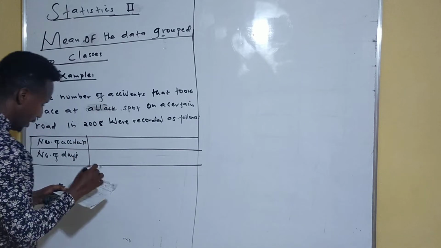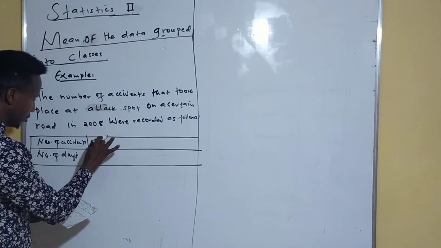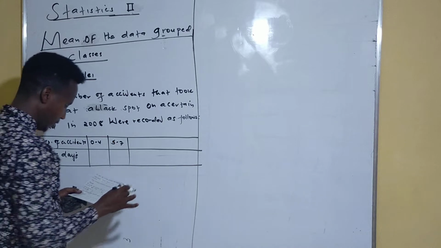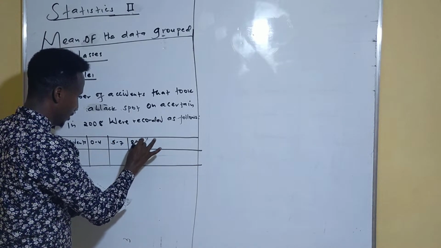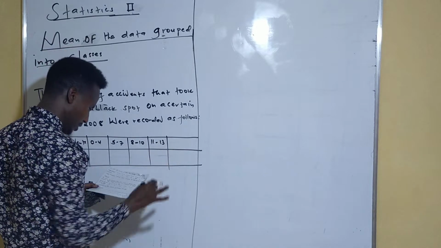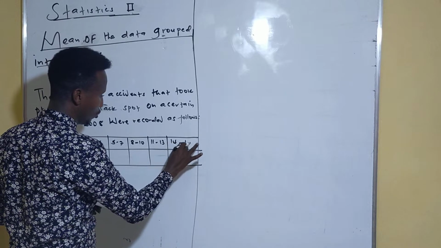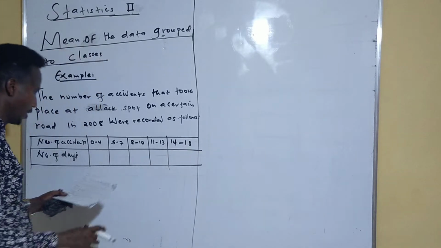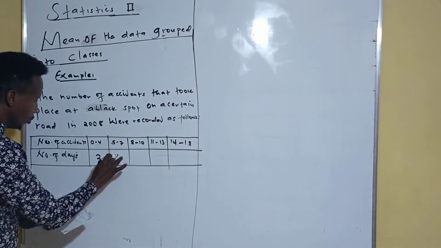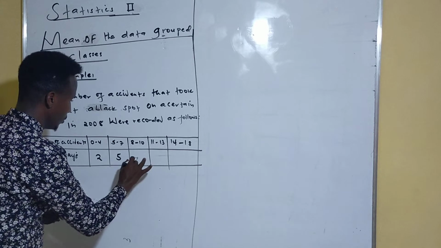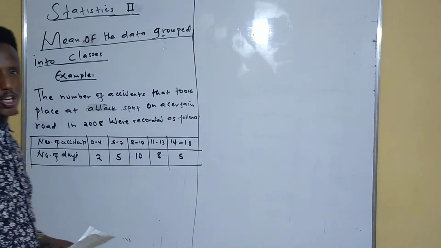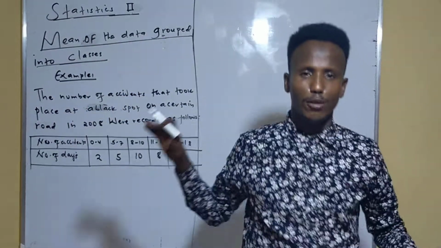So we have 0 to 4, then 5 to 7, then 8 to 10, then 11 to 13, then 14 to 18. Can't you see now this grouped data? Just understand. Then under these we have 2, 5, 10, 8, 5.